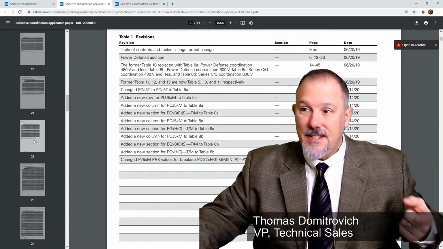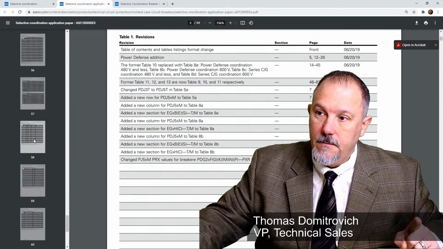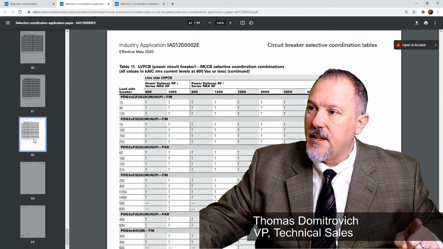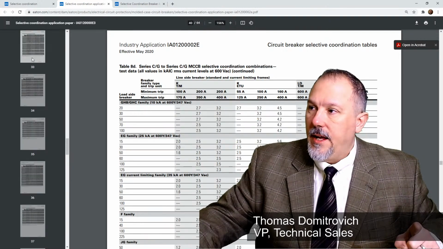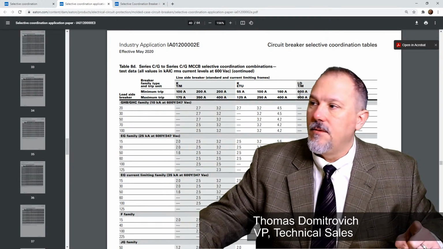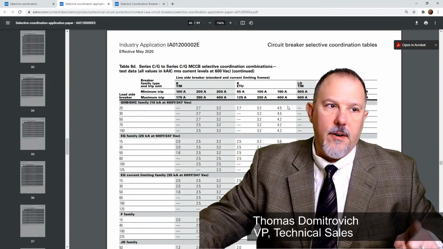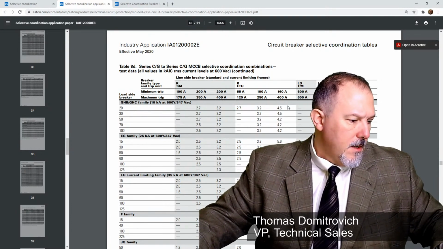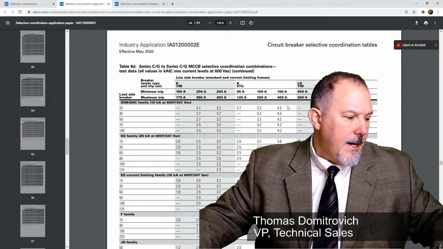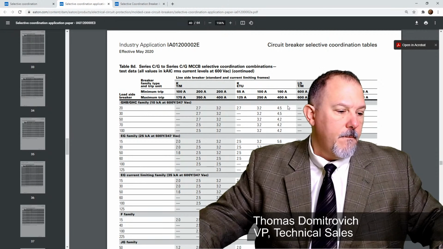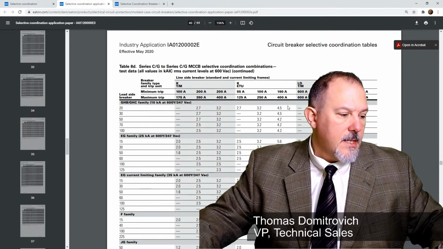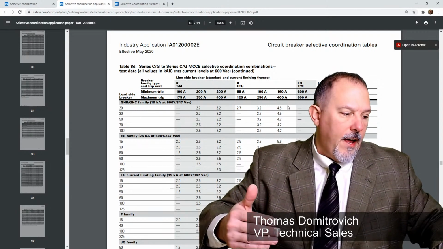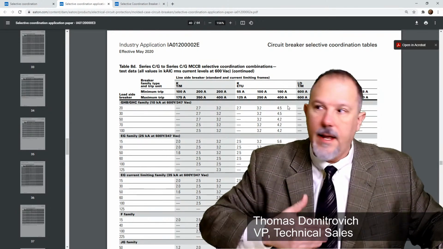Now, this engineer's question was specifically, I'm going to go to a, he had an L frame. I think it was an L frame breaker. I'd have to look back at his email right here. He had an LD 600 amp LD breaker, so upstream of an F frame 20 amp circuit breaker.